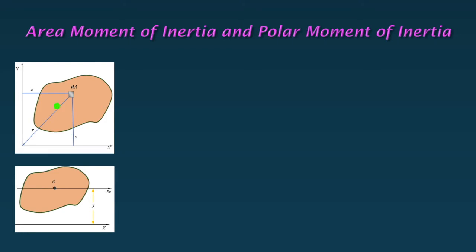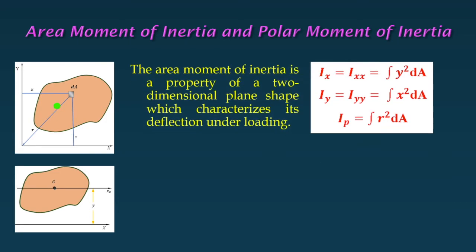So first we find the area moment of inertia. The formula is similar to the mass moment of inertia that I discussed in the last lecture. Here Ix or Ixx, both are about this x axis, and the perpendicular distance of this elementary area from the x axis is y, so it is y squared dA.